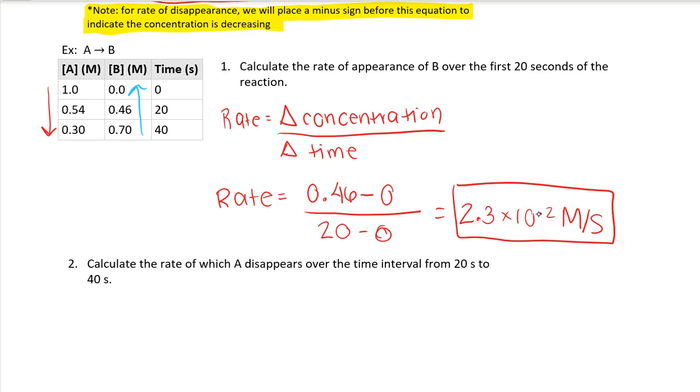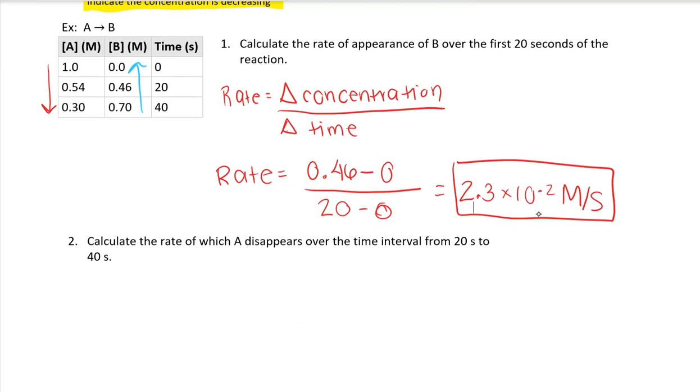All right, let's try another one. Number 2, calculate the rate at which A disappears over the time interval from 20 seconds to 40 seconds. So again, rate is going to be equal to the change in concentration divided by the change in time. So I'm going to look at the change in concentration of A from 20 seconds to 40 seconds.